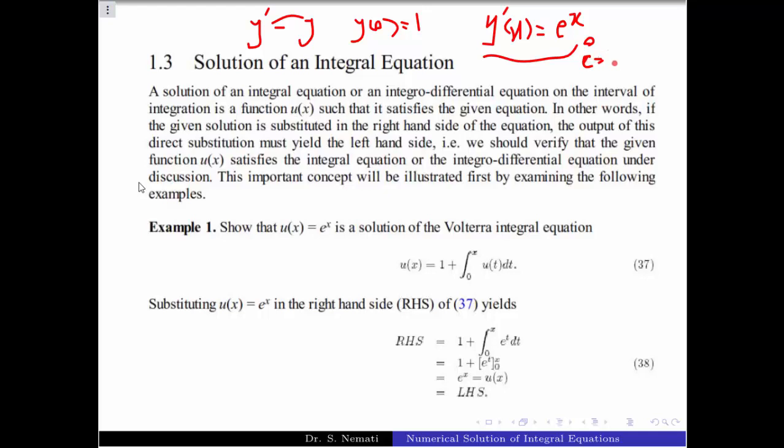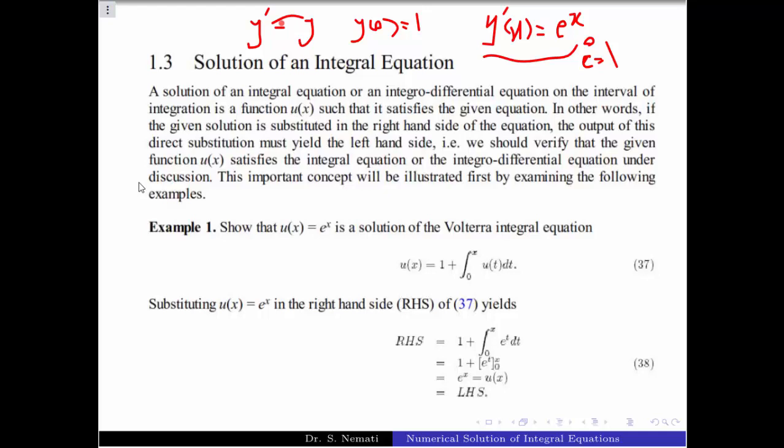So when I say that the function e to the power x is a solution of this differential equation, I mean that when I substitute this function into both sides of this differential equation, this equality sign will be satisfied.